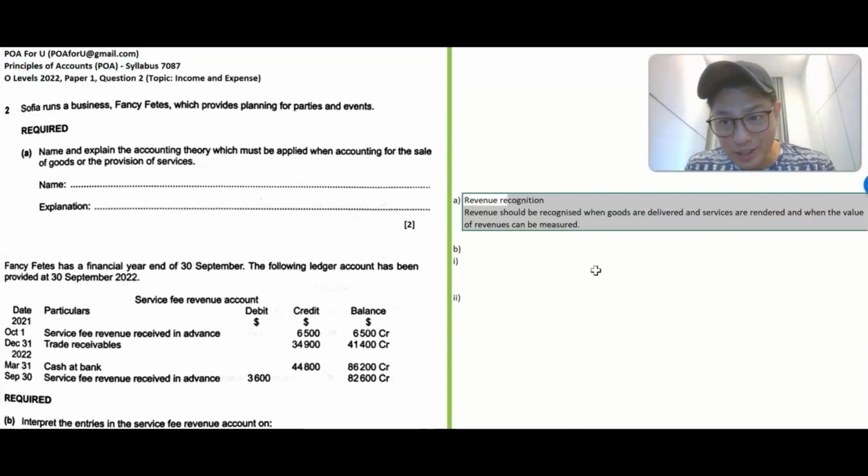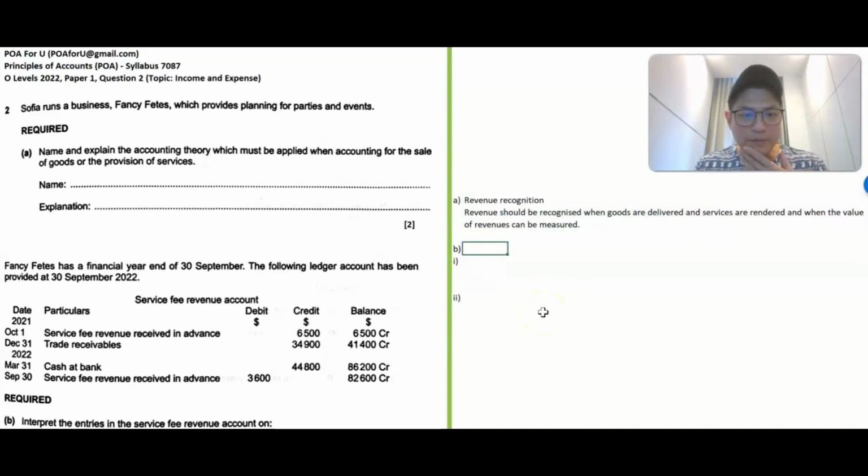And the other condition as well is if the value of the revenues can be measured. If, for example, you are giving a service and there's no price that is determined, there's no service fee that is agreed, it's hard to recognize your revenues in that sense. Okay, so that's part A, pretty straightforward.